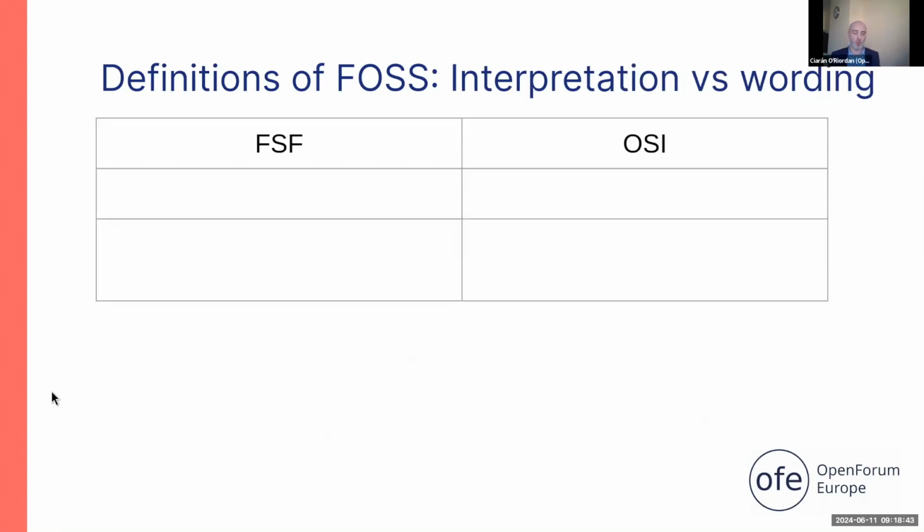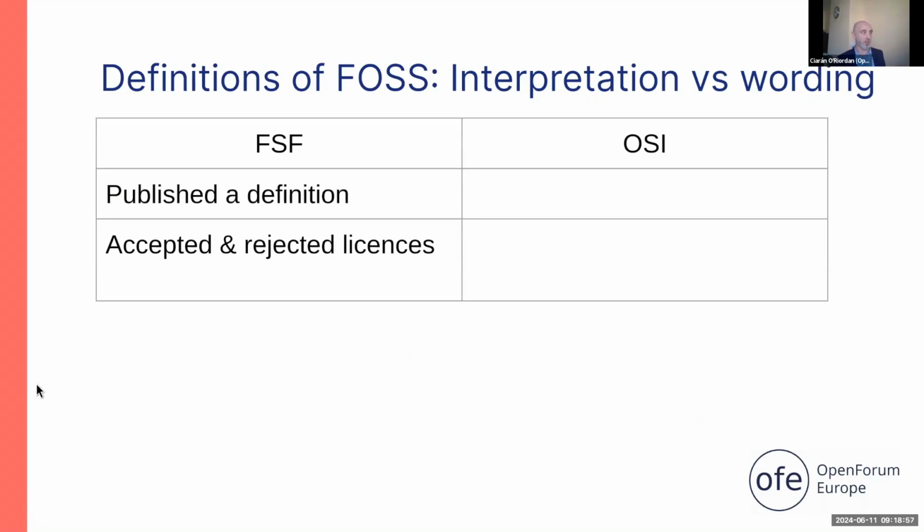So this highlights the importance of interpretation, and maybe why interpretation is more important than the actual words of the definition. So the FSF published a definition, and then they published a list of accepted and rejected licenses.